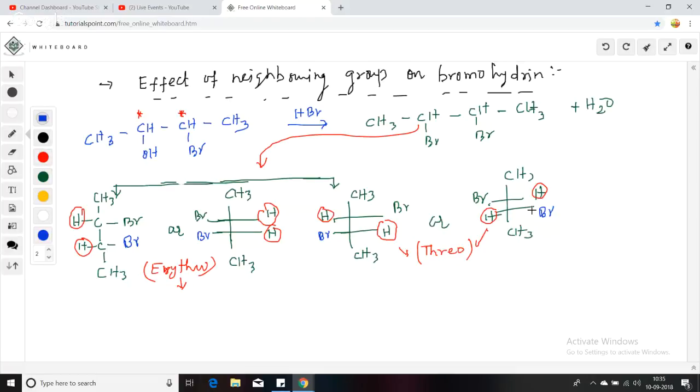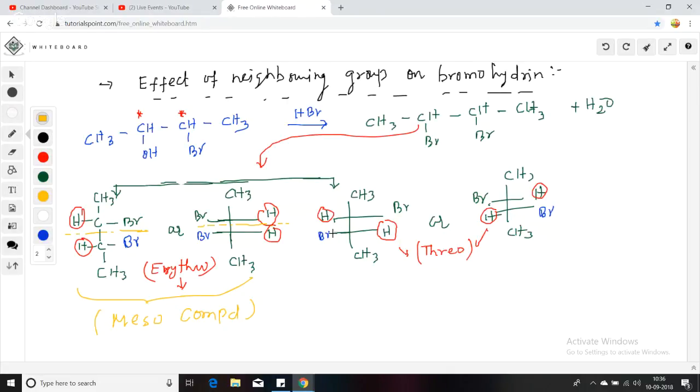This is possible. Now this compound, you see, we have a mirror image across this plane of symmetry. This is the plane of symmetry we have here, and we are talking about the structure of the product now, right? This is the plane of symmetry. It means these are meso compounds.